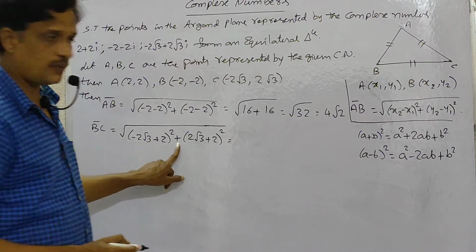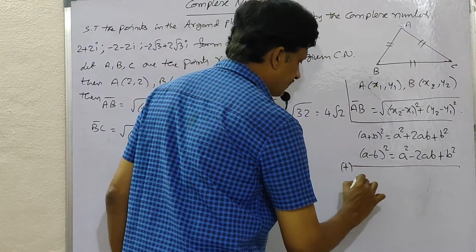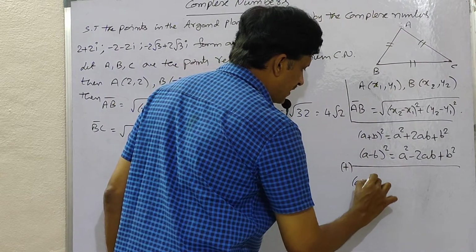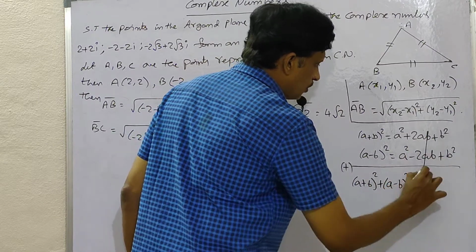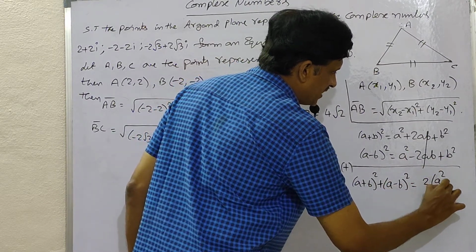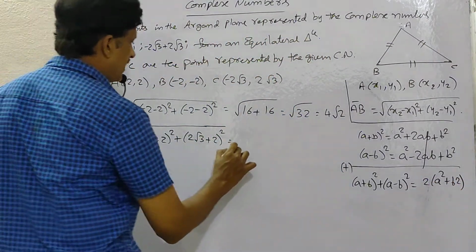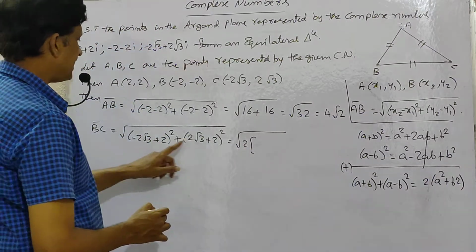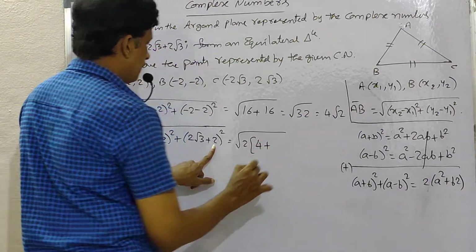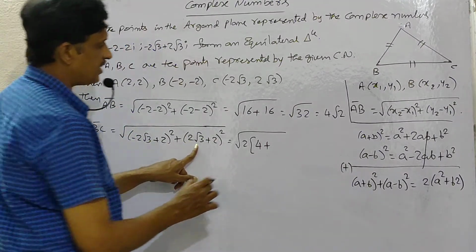Now we need to find the sum of these two. By adding, (a plus b) whole square plus (a minus b) whole square is equal to 2a square plus 2b square, that is 2 times (a square plus b square). So this will be 2 times (2 square, that is 4, plus (2 root 3) whole square, that is 4 into 3, 12).